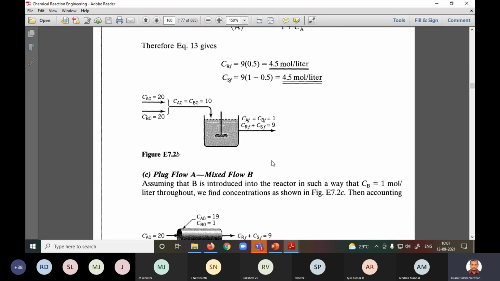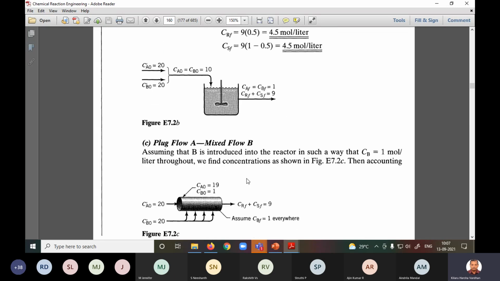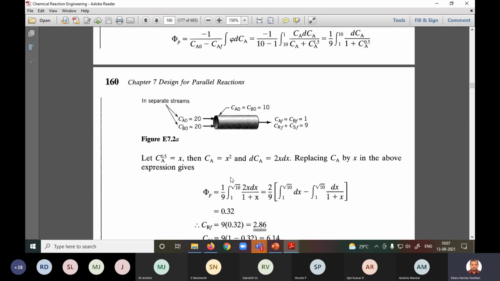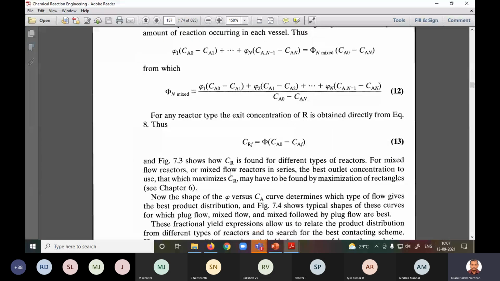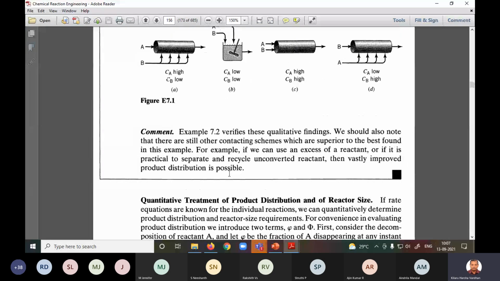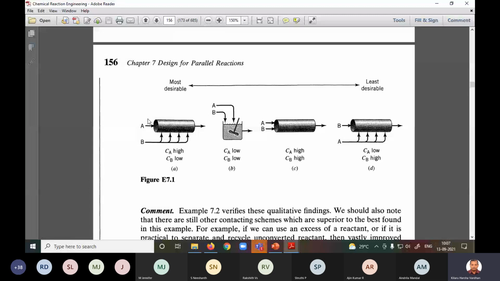And for the third one, plug flow A and mixed flow B. Now this combinations which is given in this particular first problem, that is what you have to see. What are the 4 combinations? These are the 4 combinations.